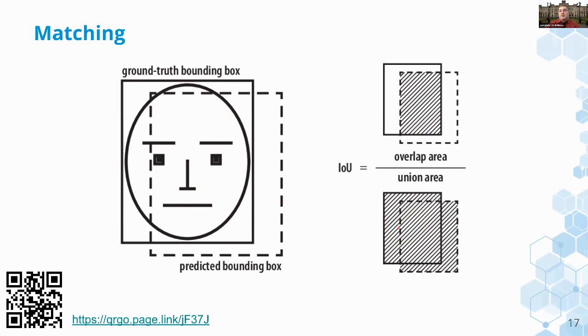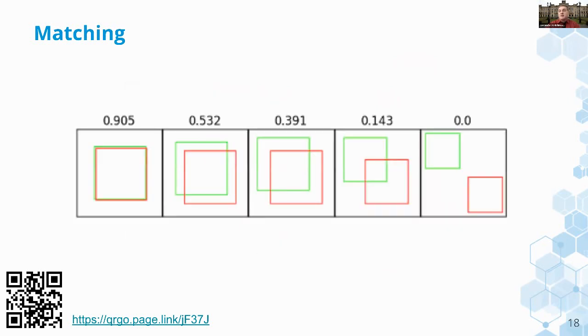Such a simple metric helps us incorporate information about both the relative position of the bounding boxes and their sizes into a single value. This value ranges from 0, which corresponds to bounding boxes that do not overlap at all, to 1, which corresponds to fully matched bounding boxes.